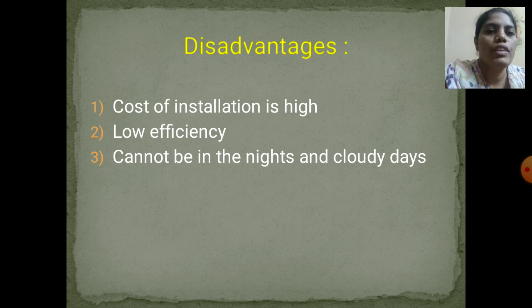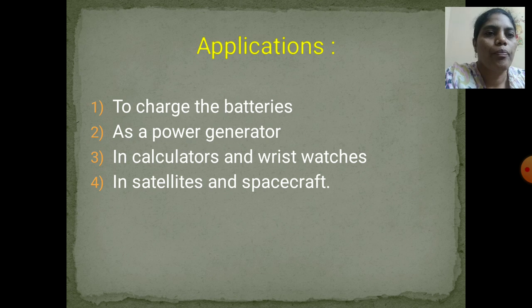It has low efficiency, and they cannot be used in nights and cloudy days. Why? Because in a solar cell, to generate electron hole pairs, we need light energy which comes from the sun. So we need solar energy. So we cannot use it in nights and also in cloudy days.